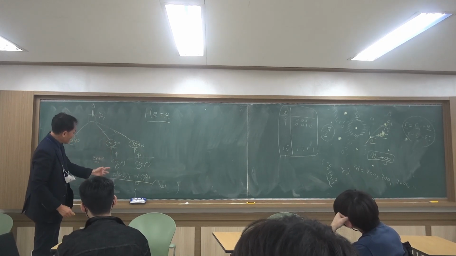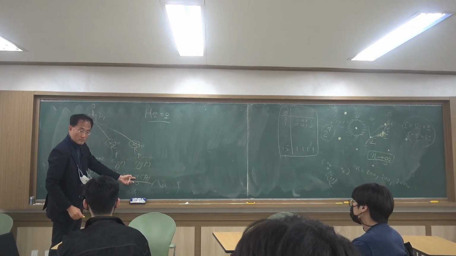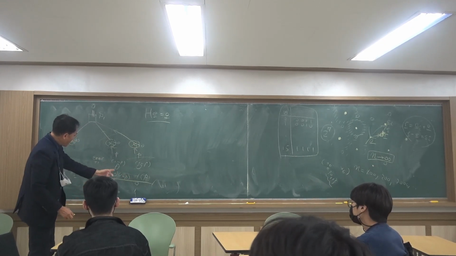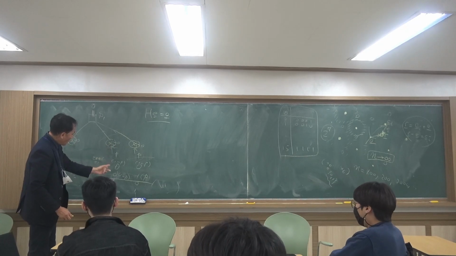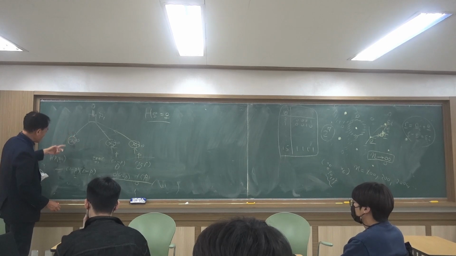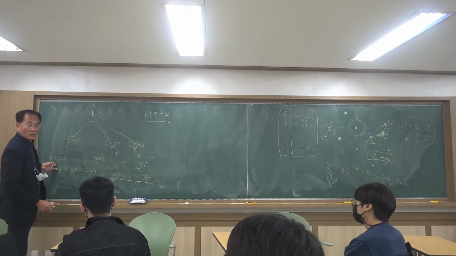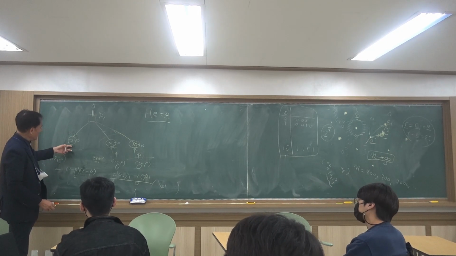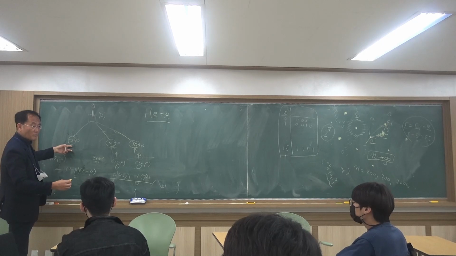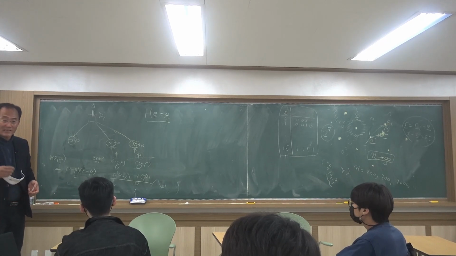This node has no error. That node is in error. That happens with probability (1 minus p) times p. And then what does that say? The probability that x1 has to be equal to 1, which is an error, right?